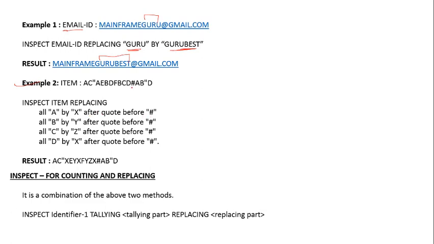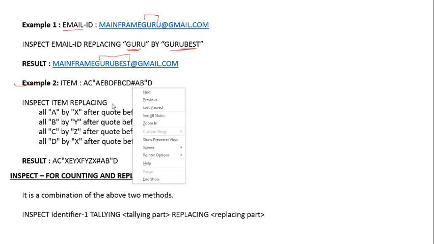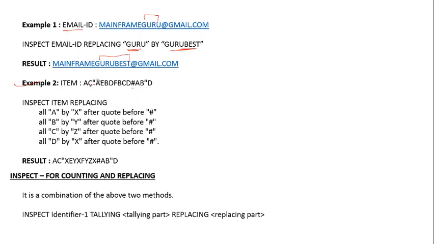Hash is there, and after quote is there, this is quote, this is quote. And all A will be replaced by X, and B will be replaced by Y.